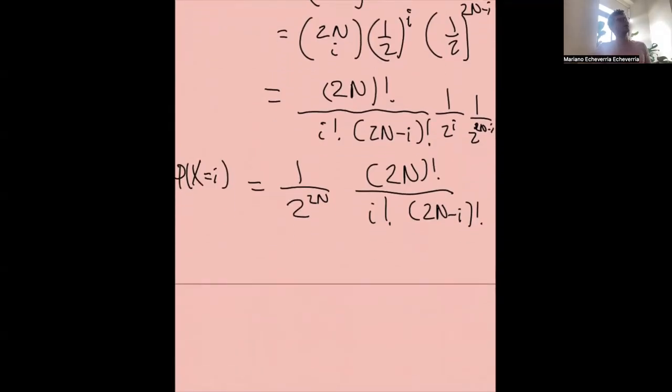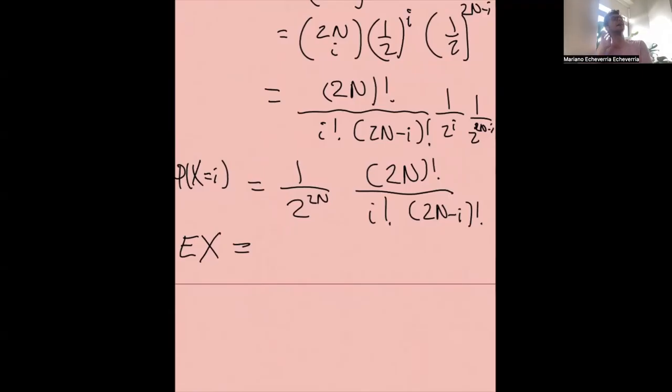So now, for this binomial random variable, what was the expected value? Anyone remember this? Was it 2n times p times 1 minus p?